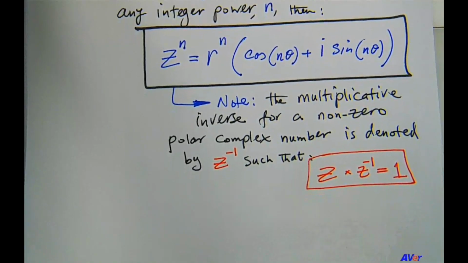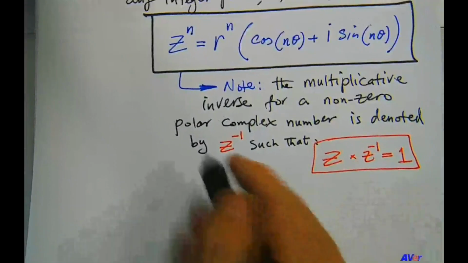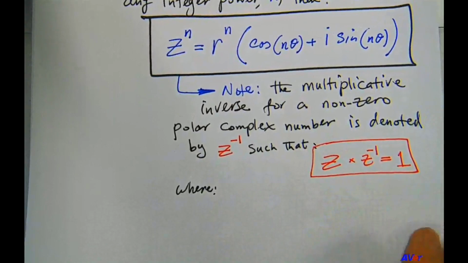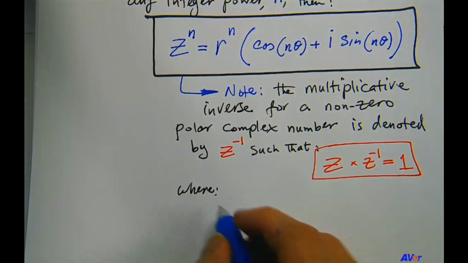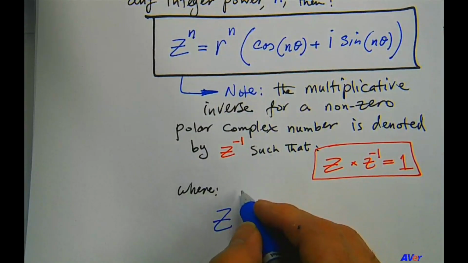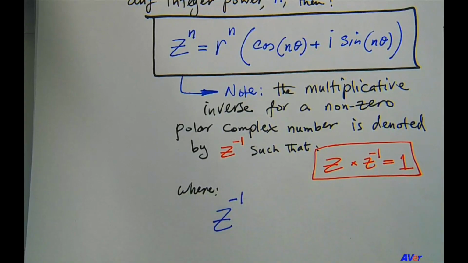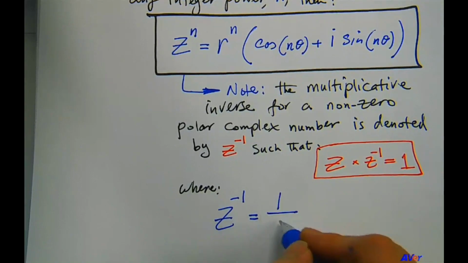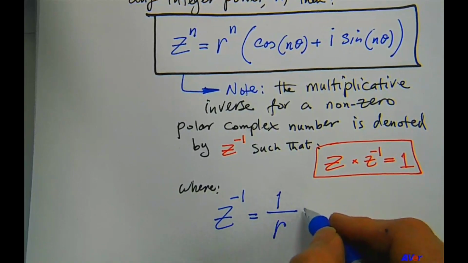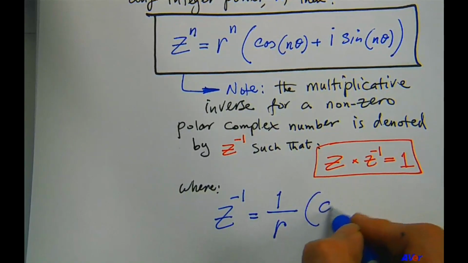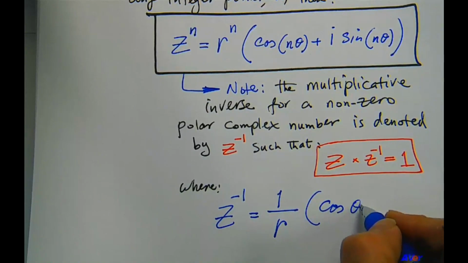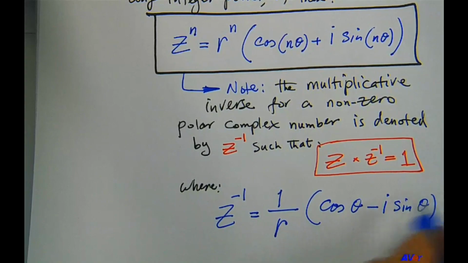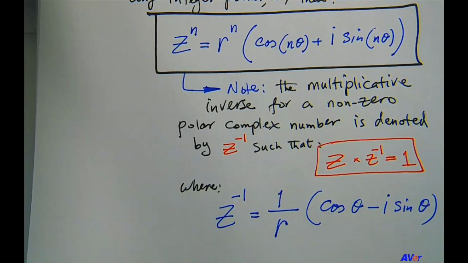Okay, and here is the formula for finding the inverse of a polar complex number. Z inverse is equal to 1 over r, so the reciprocal of the modulus, times cosine of theta minus i times sine of theta.